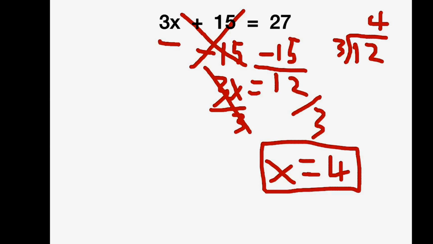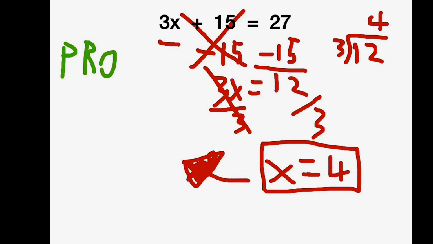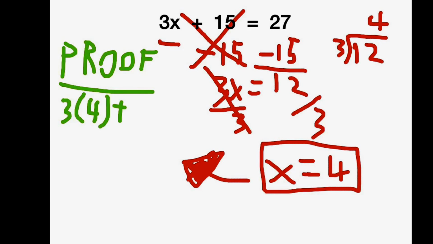And then, of course, we need to prove it. So let's just do that real quickly over here with our proof. Okay. 3 times 4 plus 15 equals 27.